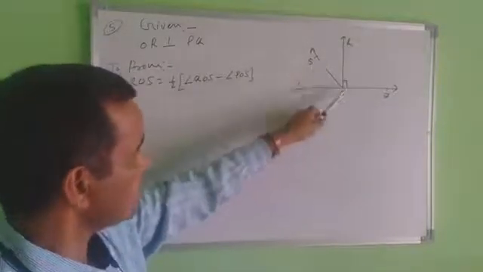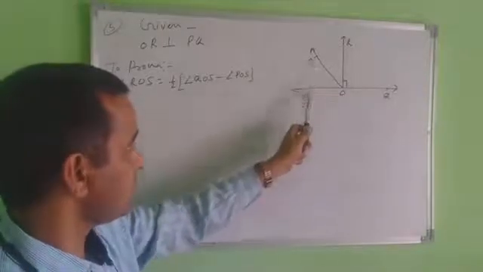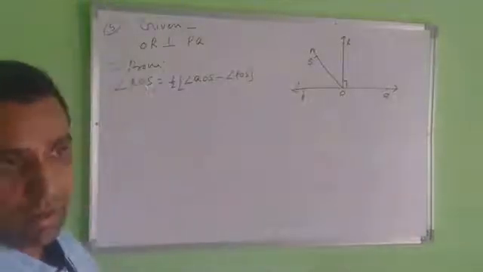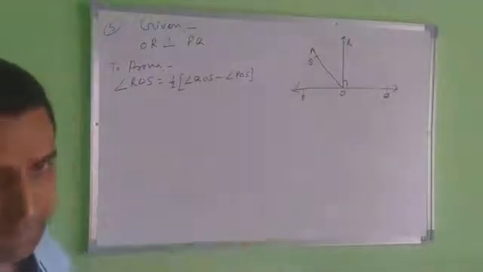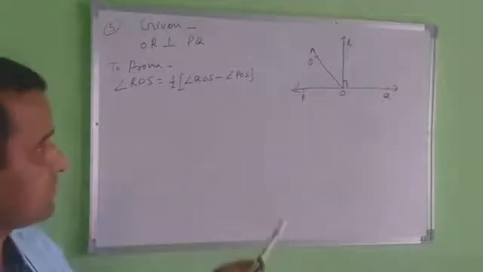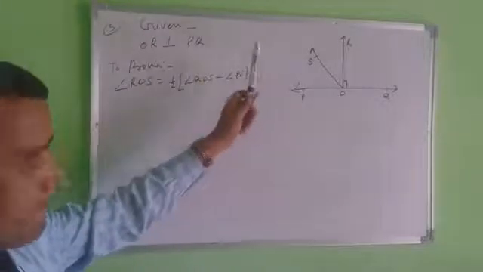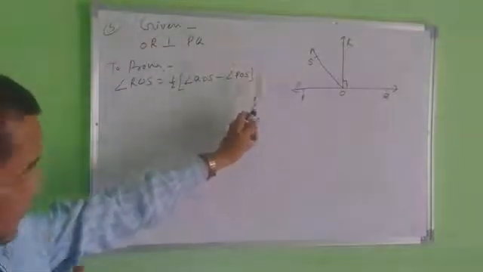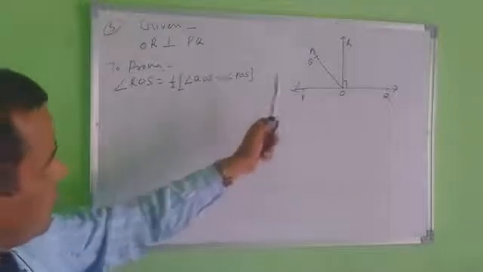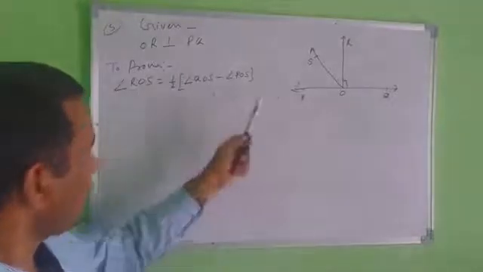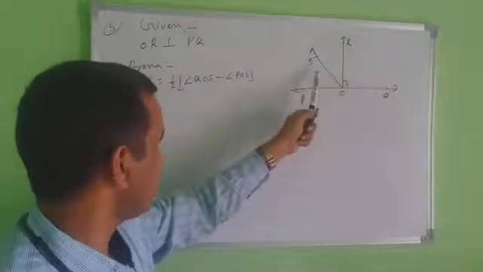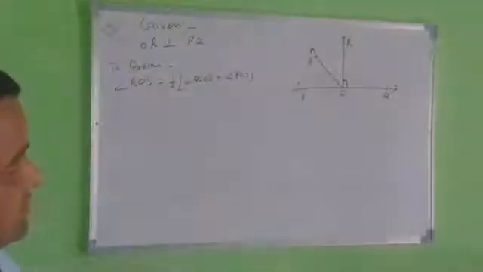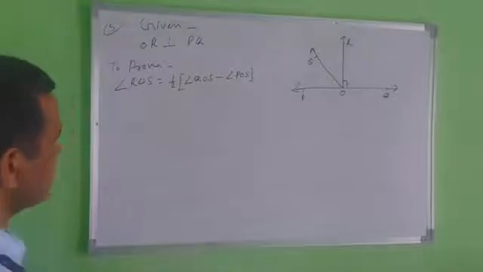Our second given is that ray OS is between OP and OR. After that, you have to prove that angle ROS equals half of angle QOS minus angle POS. Let's start this question now.